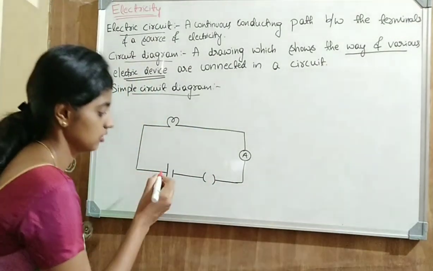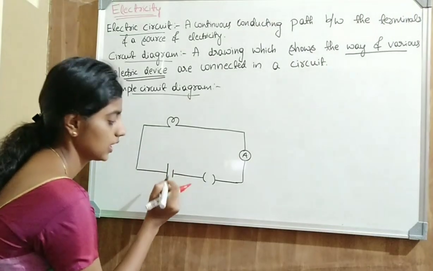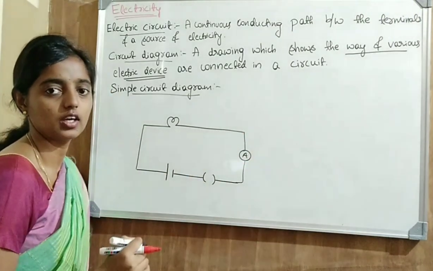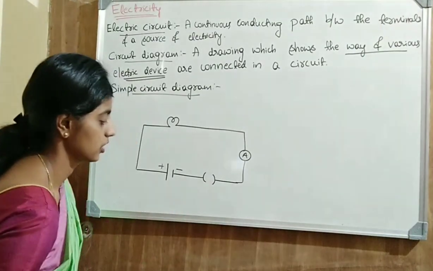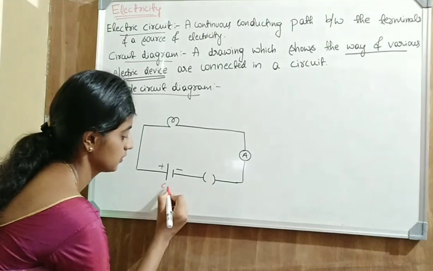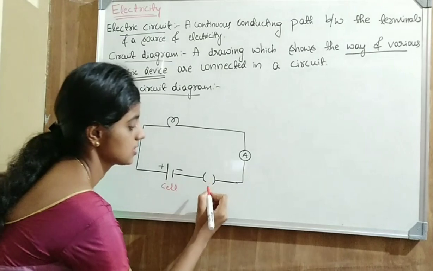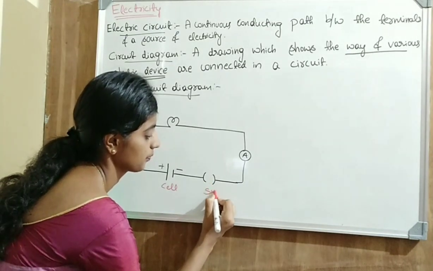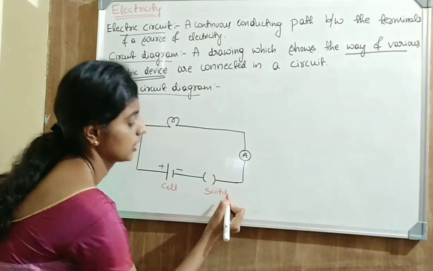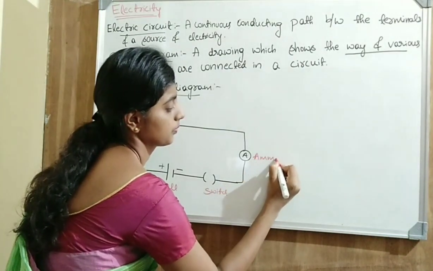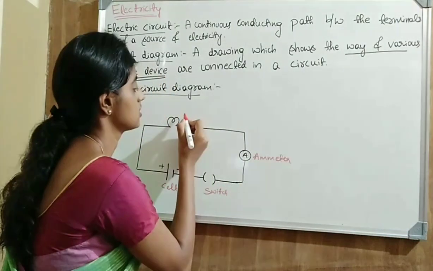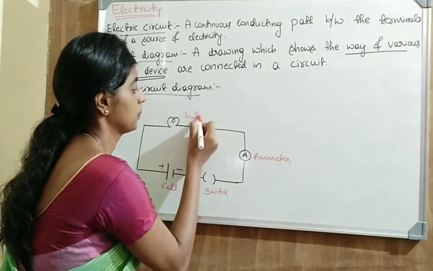See, we have this bigger line and smaller line. I'll explain later what it is called. This is called a battery or a cell. And this is our switch. And this is our ammeter. And this is bulb.